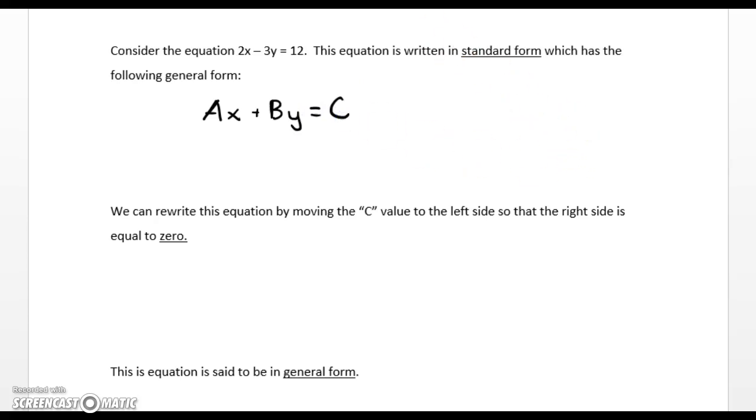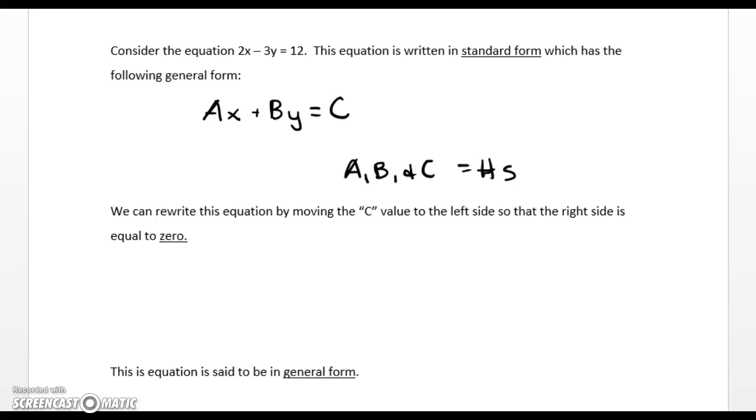Really important here is that A, B, and C are just numbers. Don't be overwhelmed when you're seeing quite a huge number of variables compared to what you're used to. A, B, and C are just numbers. Like in our equation here, we have 2, -3, and 12. So those just represent numbers, and this is what we call standard form.